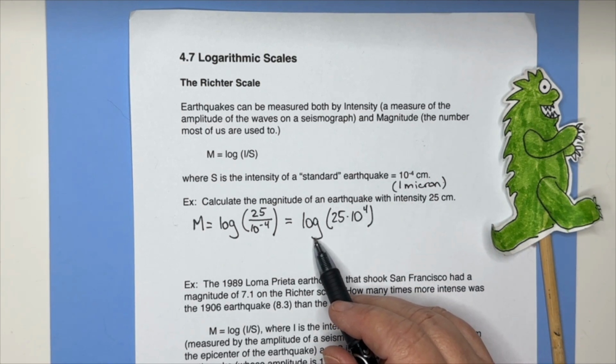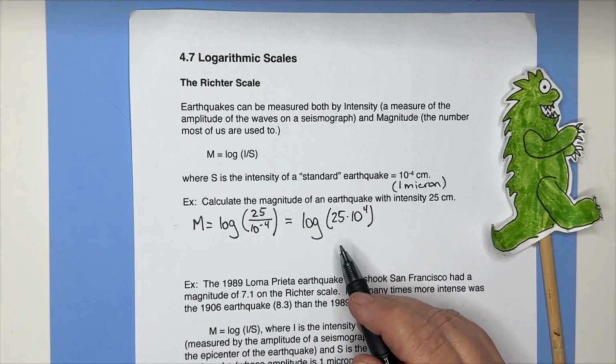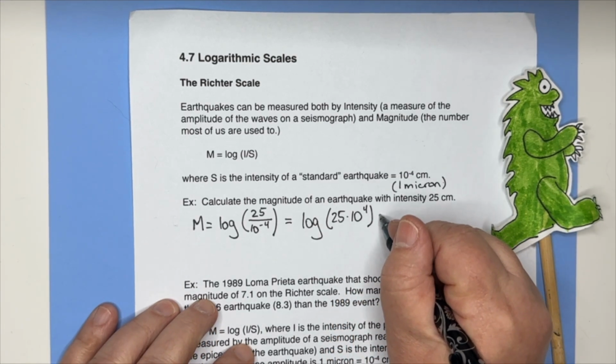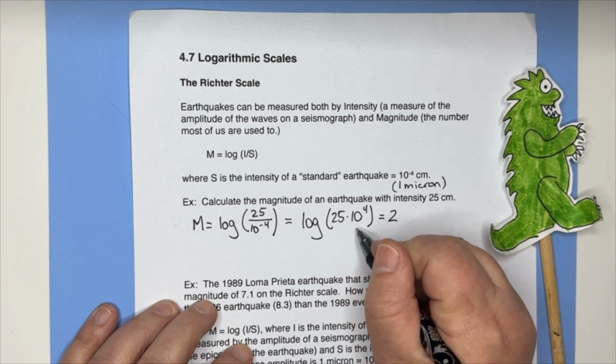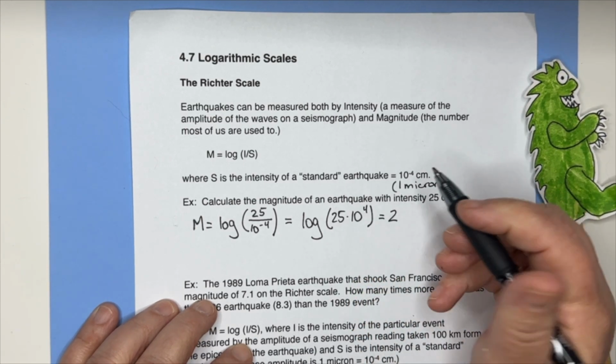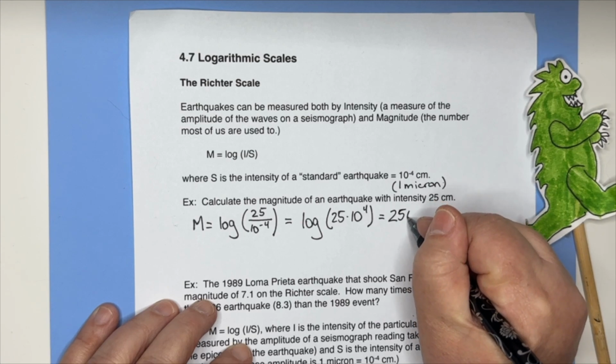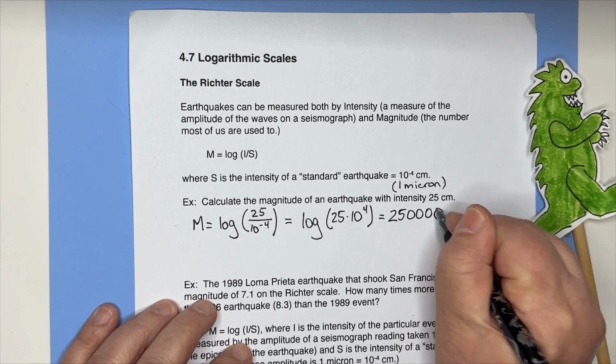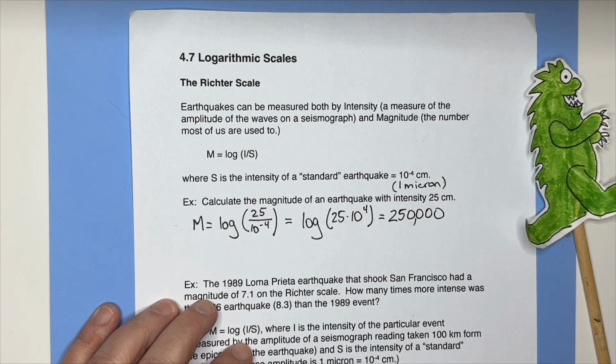So it's not going to change the order of things. Bigger things are going to have bigger logarithms. Smaller things will have smaller logarithms. But instead of having to work with the number, let me actually write this out. 25 times 10 to the 4th is 25 and then 4 zeros. So 250,000.